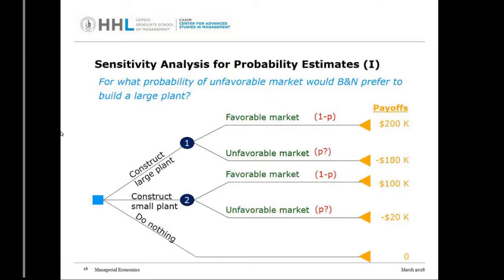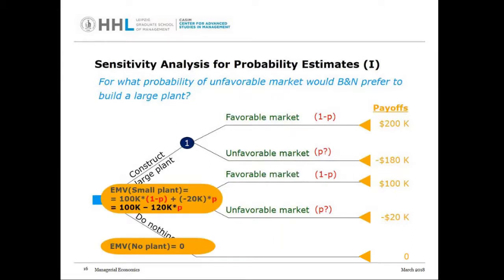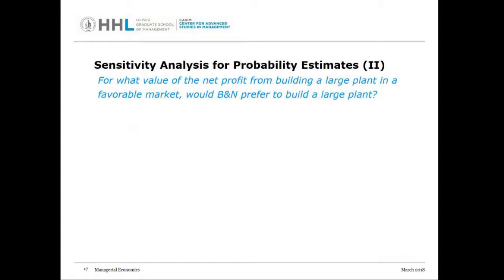So how far away are we from that case? The same situation happens here. We can calculate the different values, and we need to compare the expected monetary value of a large plant with a small plant.